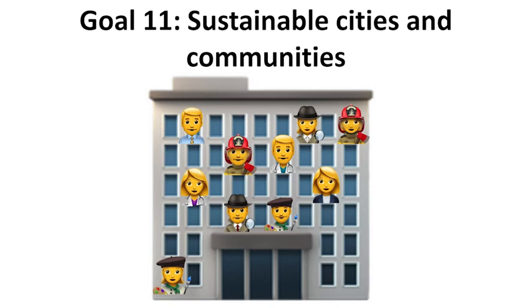Sustainable Development Goal 11 is to make cities and human settlements inclusive, safe, resilient, and sustainable. Target 11.1 is to ensure access to safe and affordable housing by 2030. The indicator to measure progress towards the target is the proportion of urban population living in slums or informal settlements.